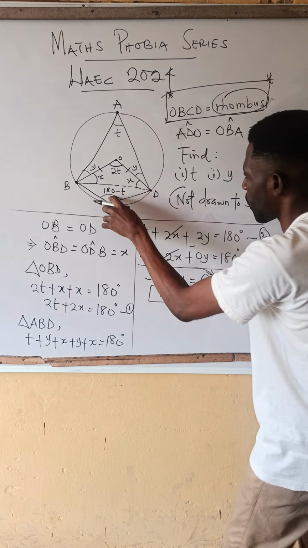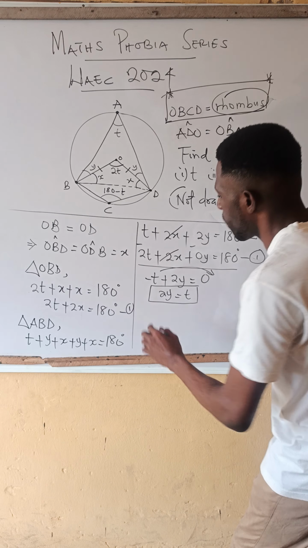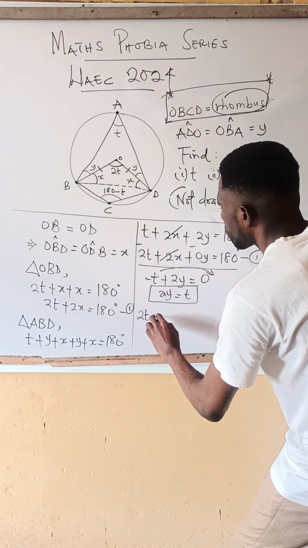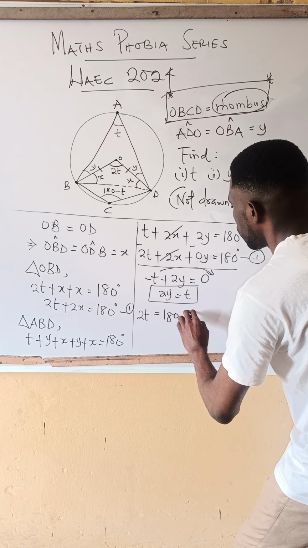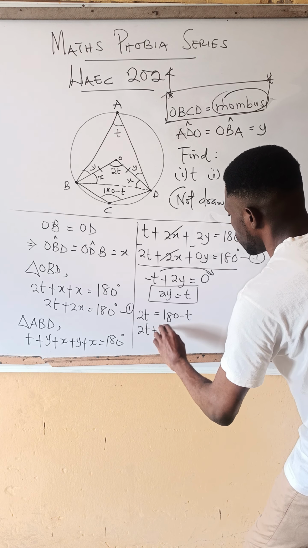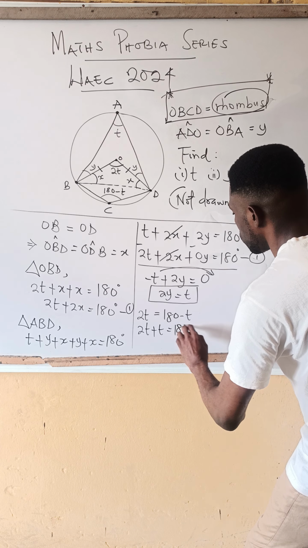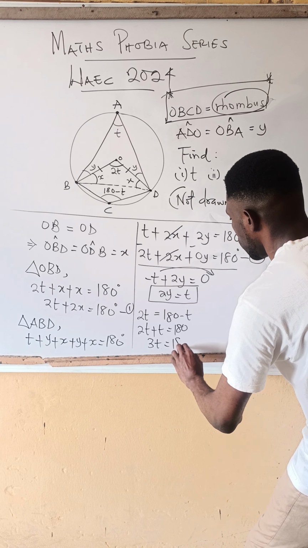Alright, so what do we have from here? Since opposite sides of the rhombus are equal, I'm going to have 2t equals 180 minus t. Bring this t to this side, I'm going to have 2t plus t equals 180. So 3t equals 180.